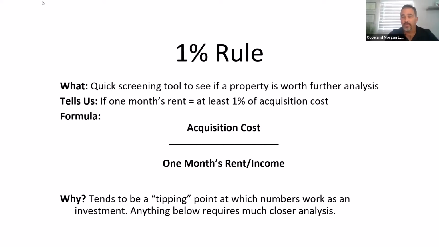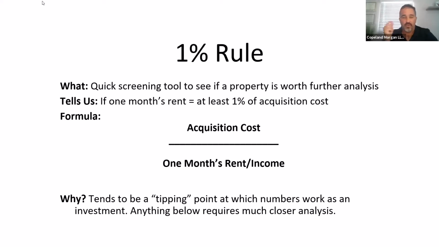If you can hit that 1% rule, if nothing else, it definitely bears further analysis. If they've got $1,000 a month in rent and they're asking $500,000 for the property, which is not unheard of these days, you might want to just move on and spend your time somewhere else, because that's not going to pencil out. It's never going to be able to cover all the operating expenses, and it's certainly not going to be able to cover the debt service.